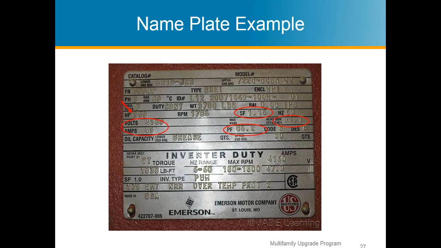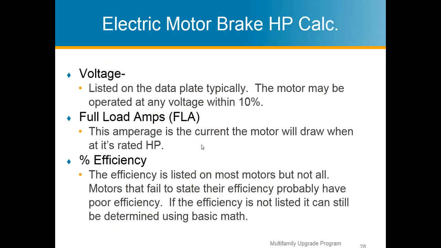You can get all this information. If it's not on a nameplate, you can get it from manufacturer's data and product data. So voltage, listed on the nameplate: the motor may operate at any voltage within 10% of what is listed there.